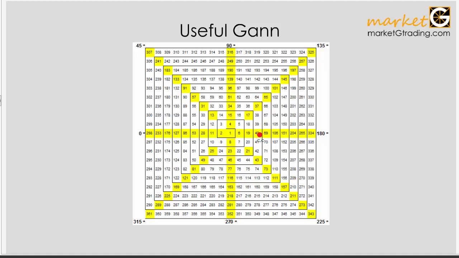And on my charts that use square of 9, and I'll show you some more of those in a minute, if the price range were appropriate, the 180 degree chart would use just this row of numbers here, the 0 and the 180 degree level.